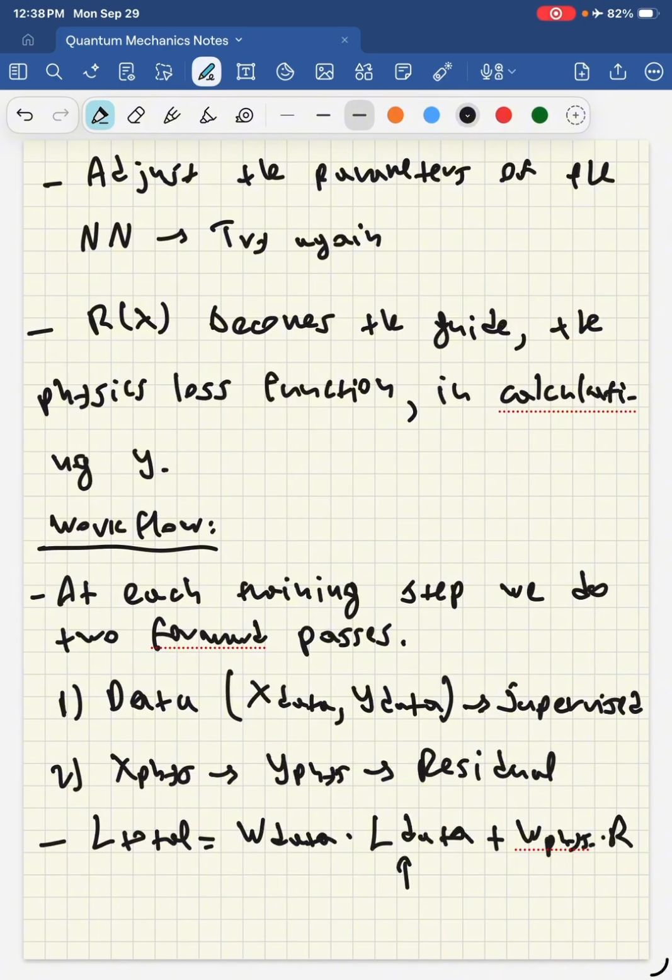And usually W data and W physics are equal to 1, but you can play around with this as you do with neural networks, and you can put an emphasis on the data, in which case you take the weight of the loss function for the data to be higher than the weight for the physics part.